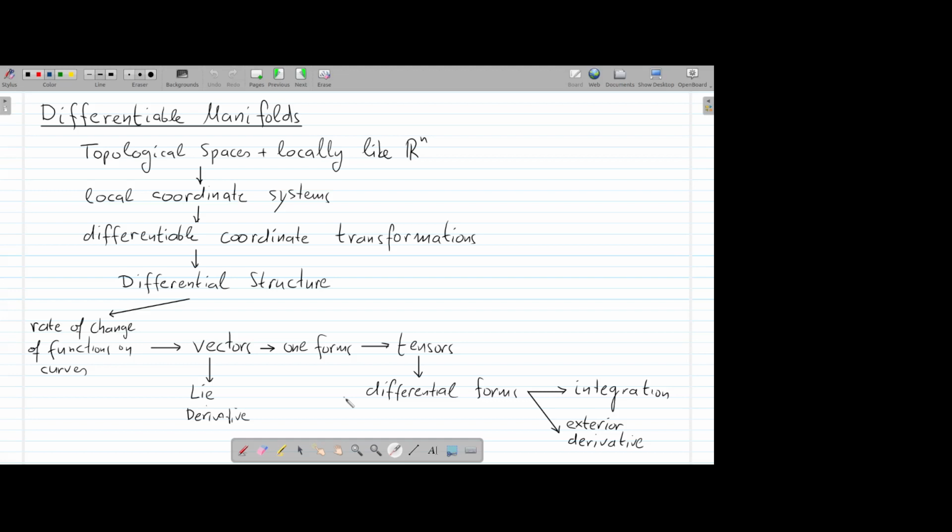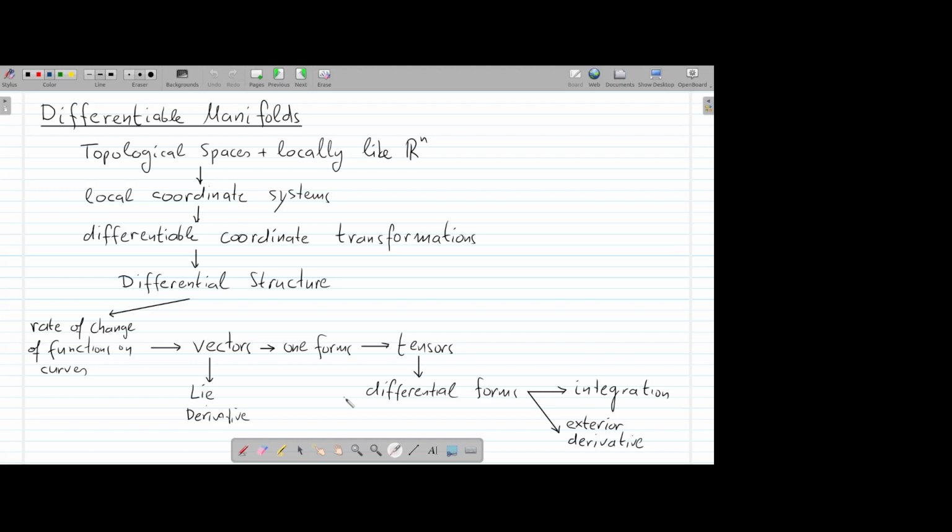This gives a differential structure on the manifolds, and using it, we can define things like the rate of change of functions on curves. From them, define vectors, and from them, define one-forms and tensors as linear maps on the vector space defined by the vectors.